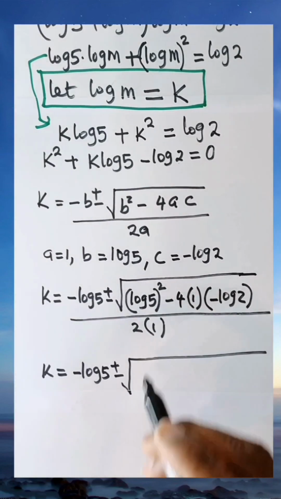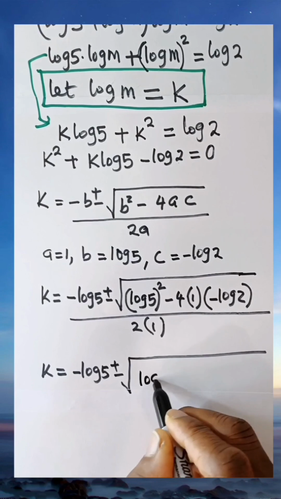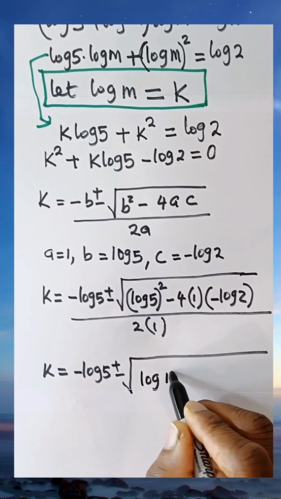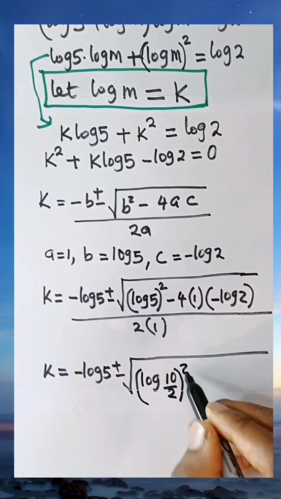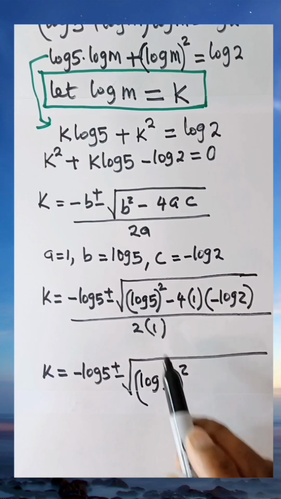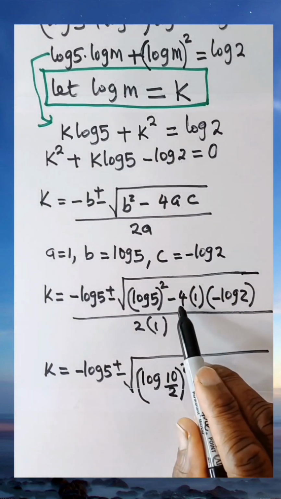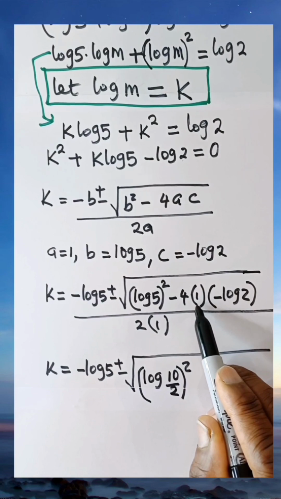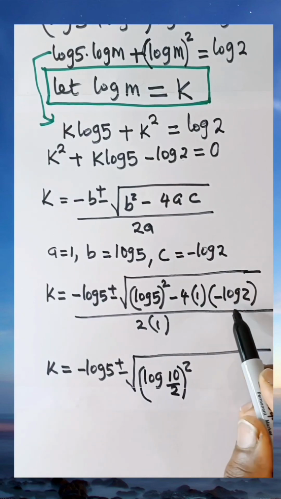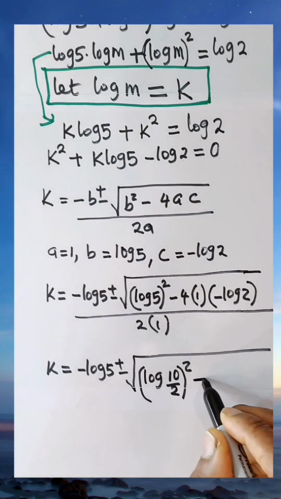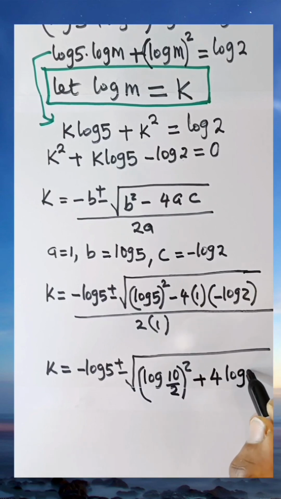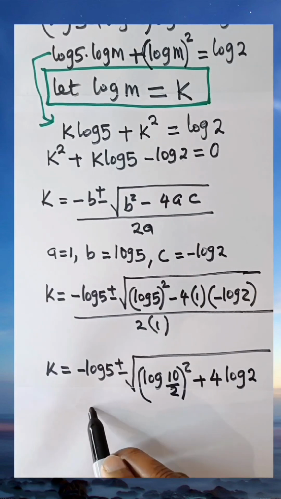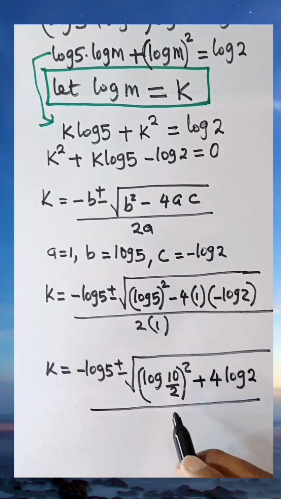I am going to rewrite it as log of 10 divided by 2, raised to the power of 2. 10 divided by 2 is going to give us 5. Here we have minus 4 times 1 will give us minus 4, and minus 4 times minus log 2 will give us plus 4 log 2, divided by 2 times 1 will give us 2.